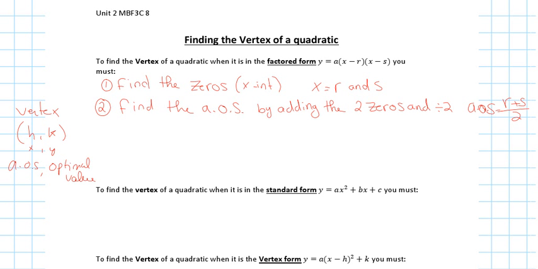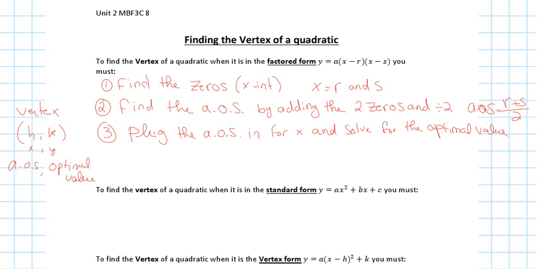So the third step is you're going to plug the axis of symmetry in for x and solve for the optimal value. And that would give you your vertex.